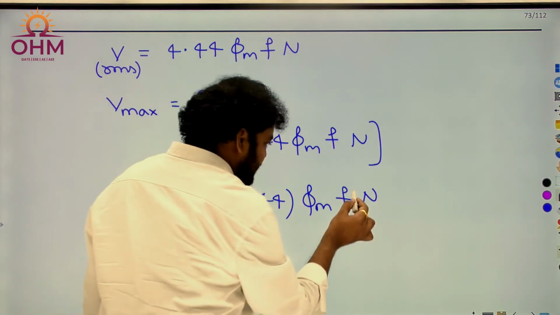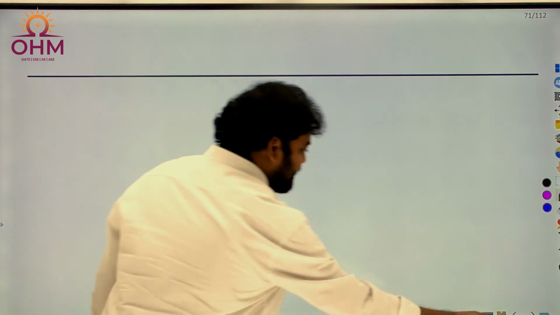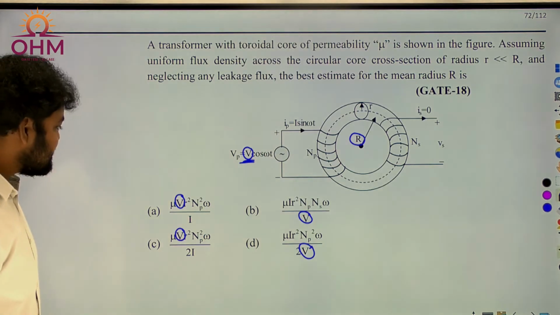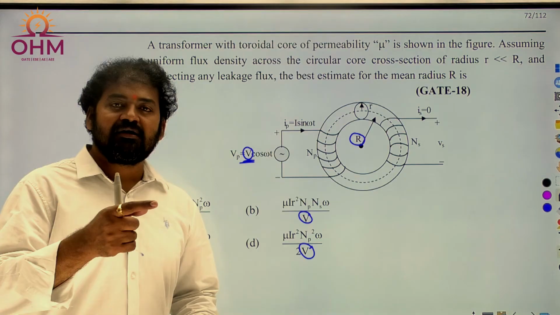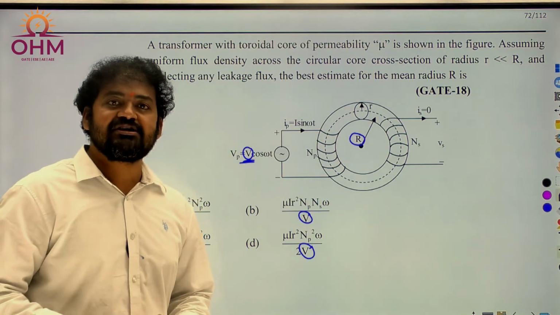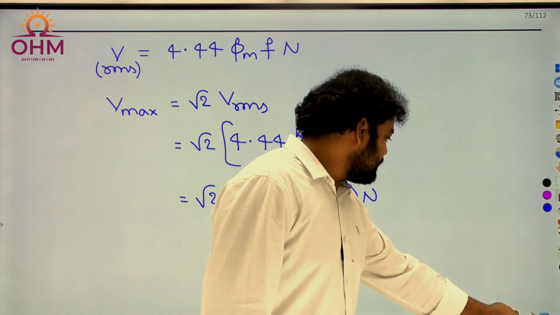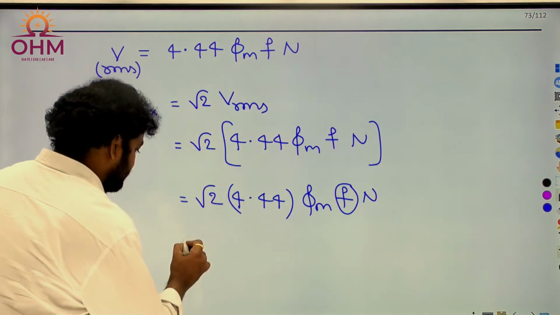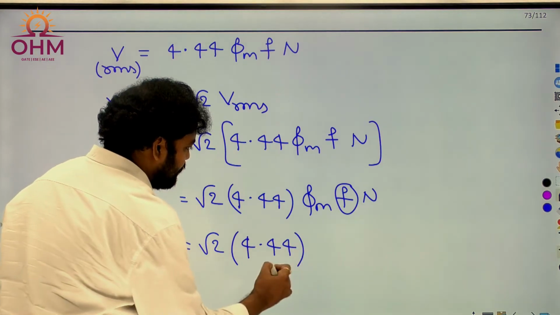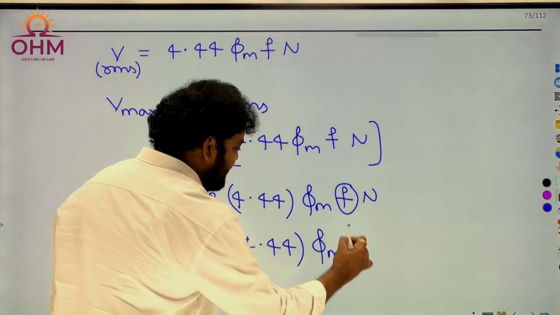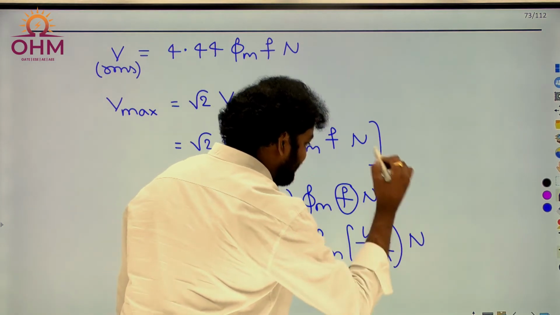Now you see there is a frequency term here, but in all options omega is there. That means you have to replace frequency f in terms of omega. What is the relation? Omega is equal to 2 pi f, therefore f will become omega by 2 pi. So I can continue: root 2 into 4.44 into phi m into omega by 2 pi into number of turns.